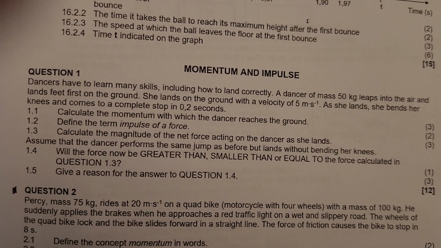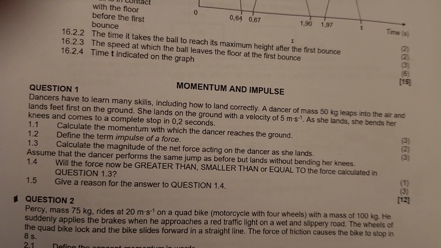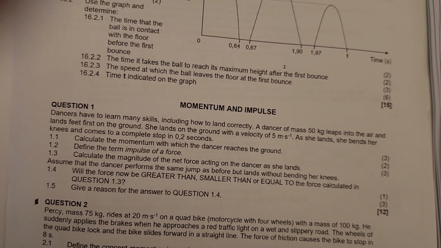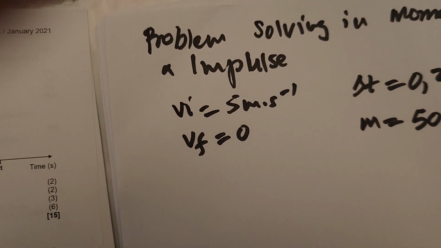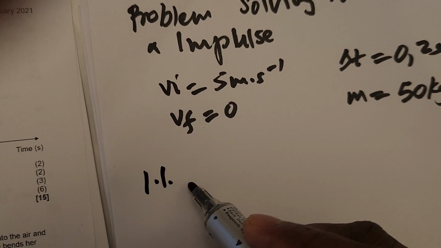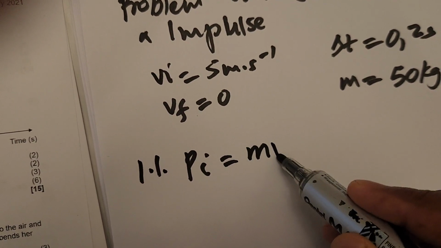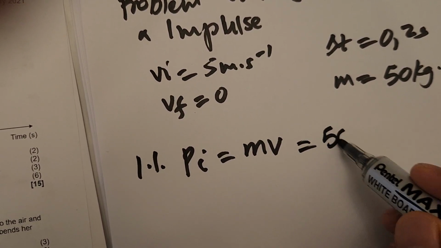The first question: calculate the momentum with which the dancer reaches the ground. Calculate the initial momentum of the dancer, in other words. Therefore, that is 1.1. With this, we'll know the initial momentum of the dancer will be mv. Mass of the dancer is 50.